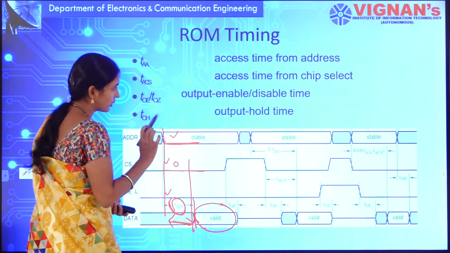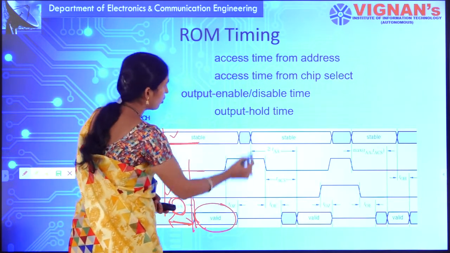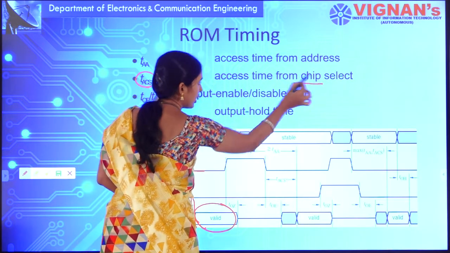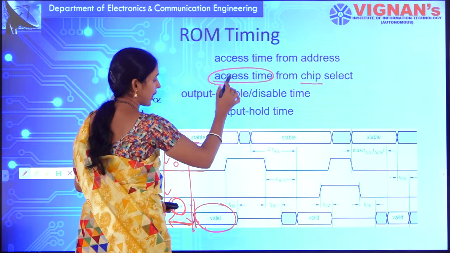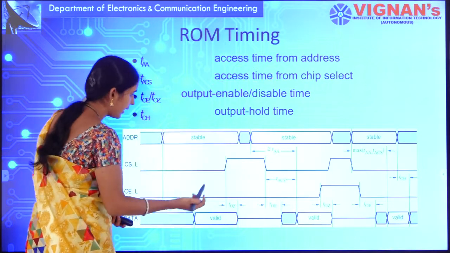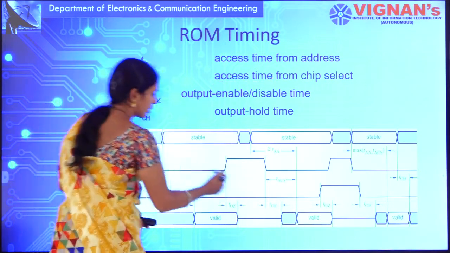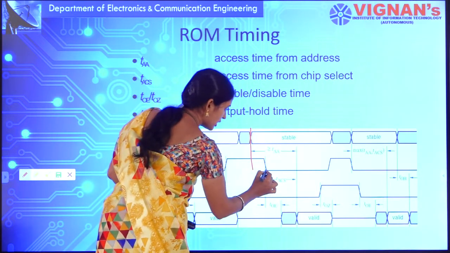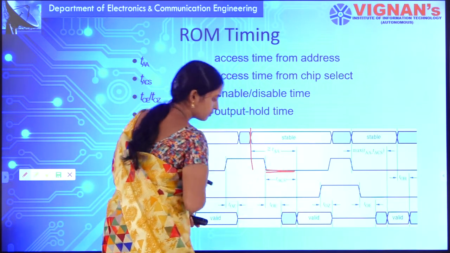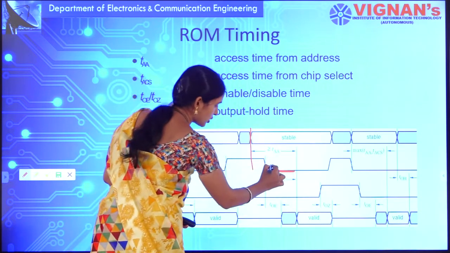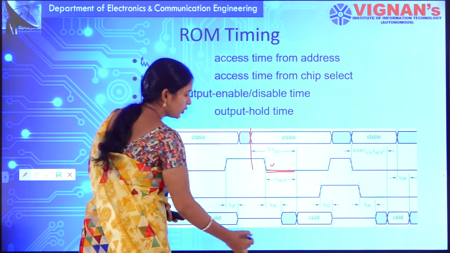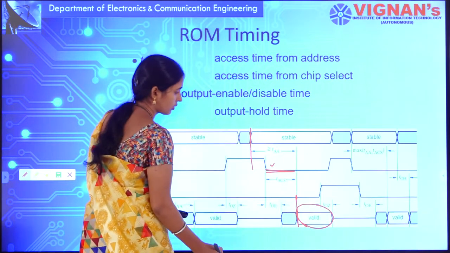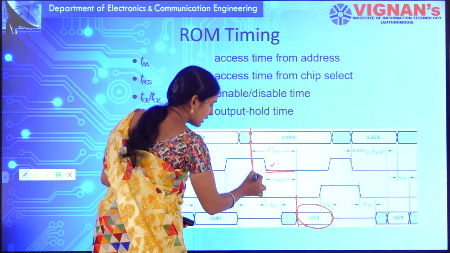Right. Next one, see here, what is your TACS? That means chip select is activated, but there is some delay to access the data. Again see here, as the address is available and chip select is also activated, but you get the valid data only here. So what is that delay?